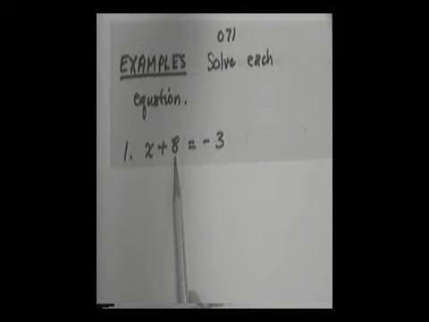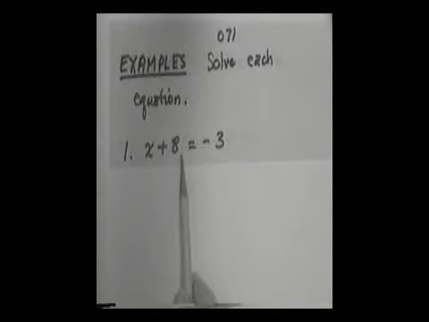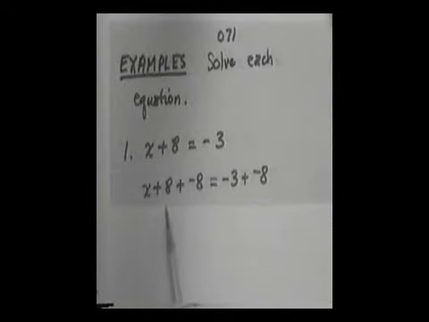The addition property says that to remove a term, we can add its opposite to both sides. The opposite of 8 is negative 8. And so we copy x plus 8 equals negative 3 and add negative 8 to the left side and to the right side.